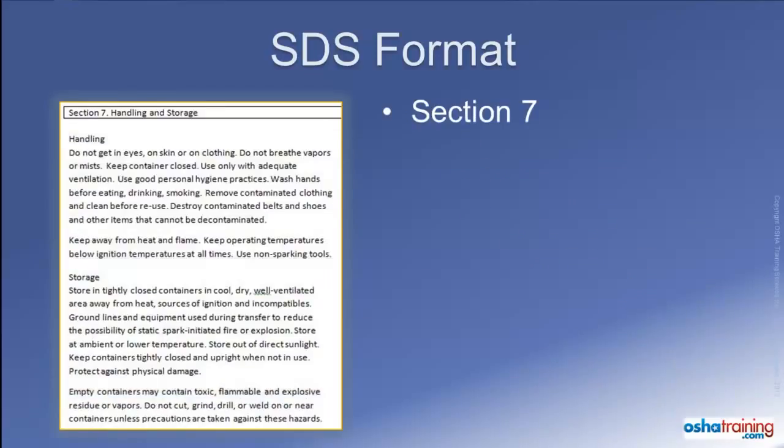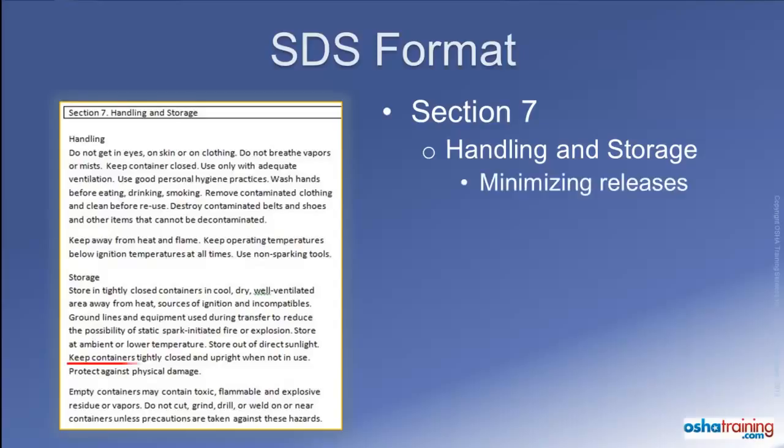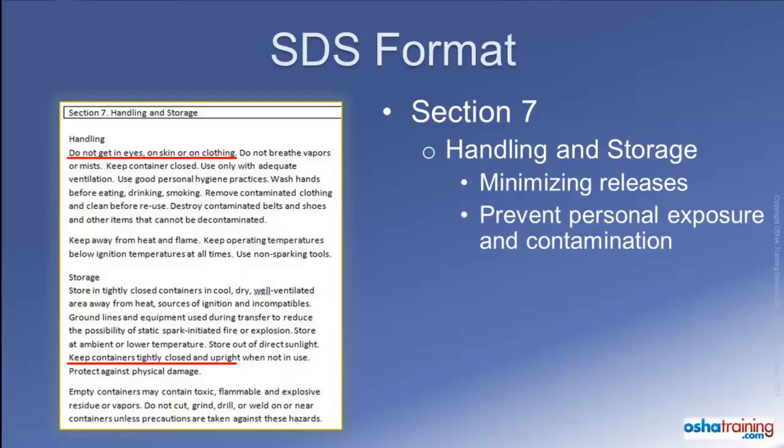Section 7 will provide information pertinent to safe handling and conditions for safe storage of the product. The required information consists of precautions for safe handling to prevent or minimize the release of the chemical into the environment, to prevent exposure or contamination for personnel handling the product, and recommended hygiene practices.